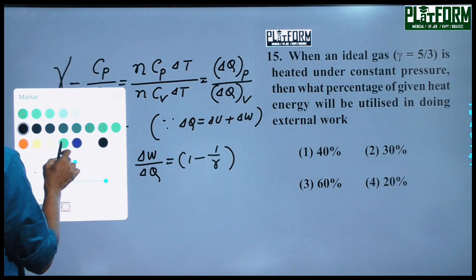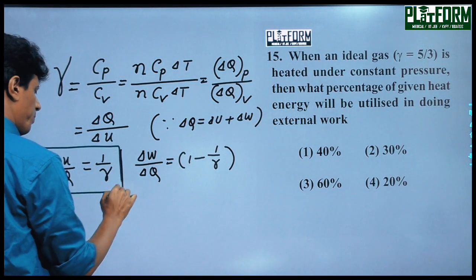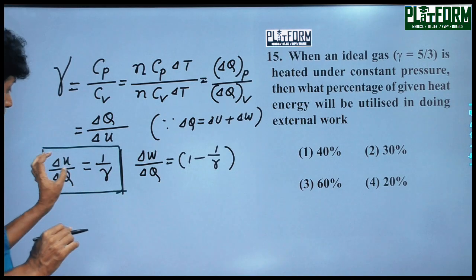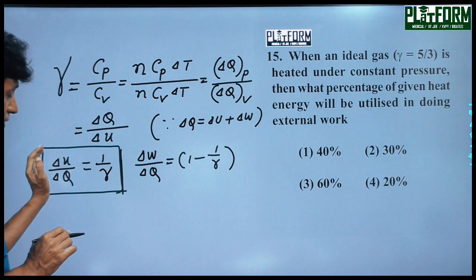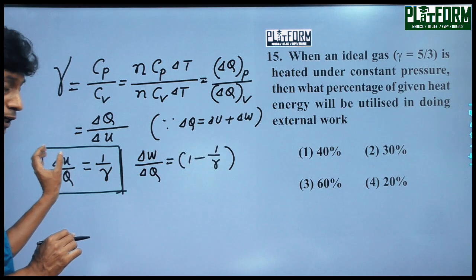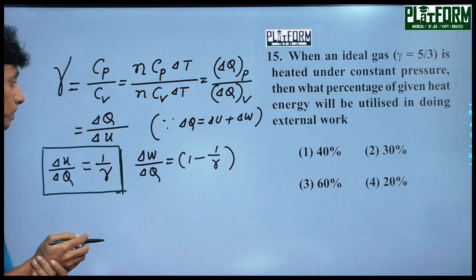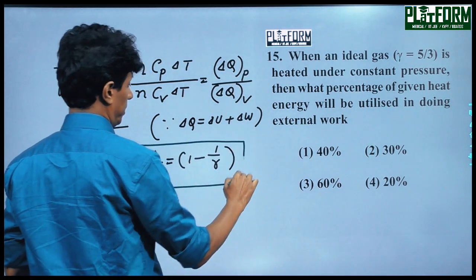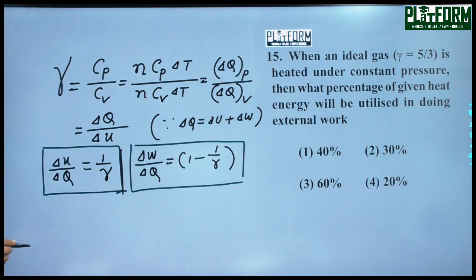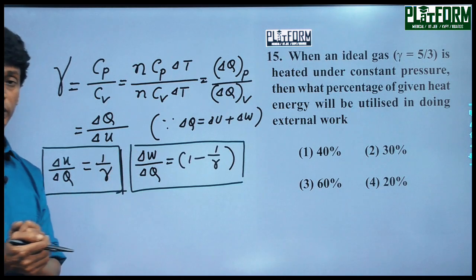So this is very important conceptually. Formula: del U by del Q, the fraction of the energy utilized to change the internal energy to the total heat supplied, is equal to 1 by gamma. And similarly, the fractional work done to the total heat supplied, we can get from 1 minus 1 by gamma.